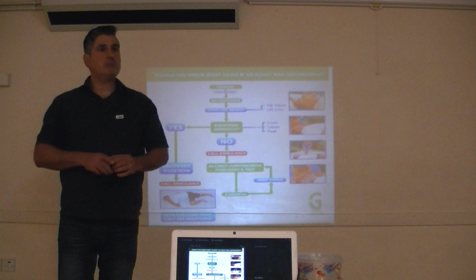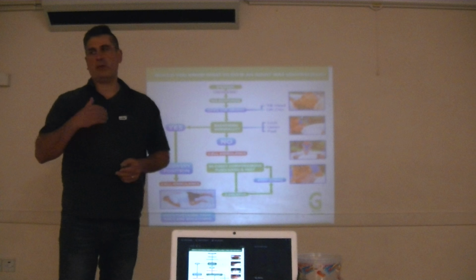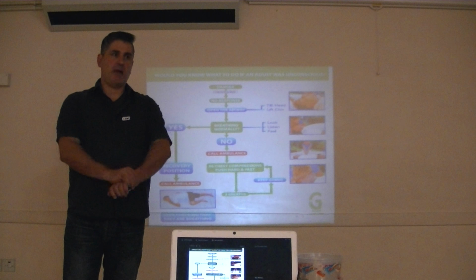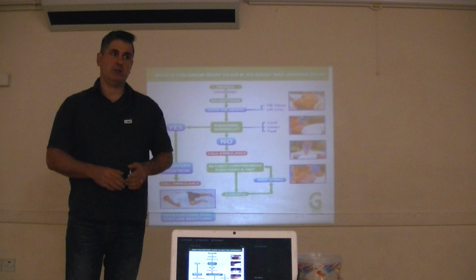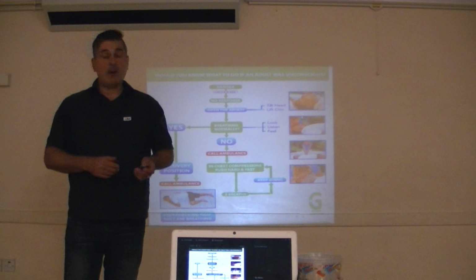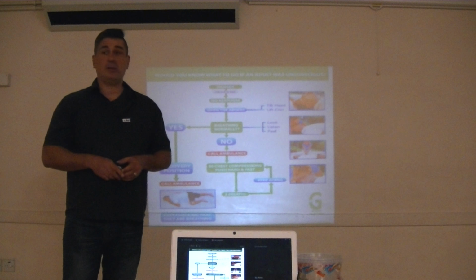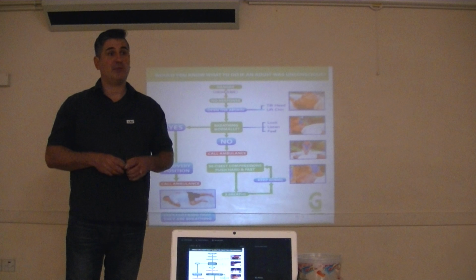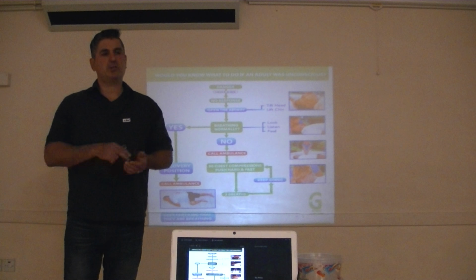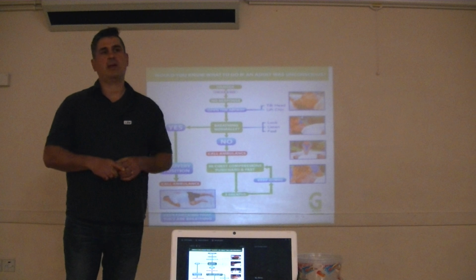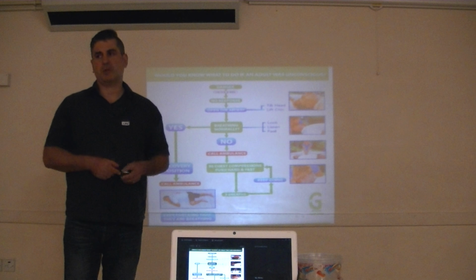You'll know because you need to be able to get that depression in the chest, and obviously if you're doing 2 hands on a very small child, that can be a problem. However, doing something's better than doing nothing, and cracking a rib is the least of their problems if you're doing CPR on them. So with a baby, with a pediatric, it's 2 fingers, and with a youth, it's the palm of the hand. But it's a slightly different approach.